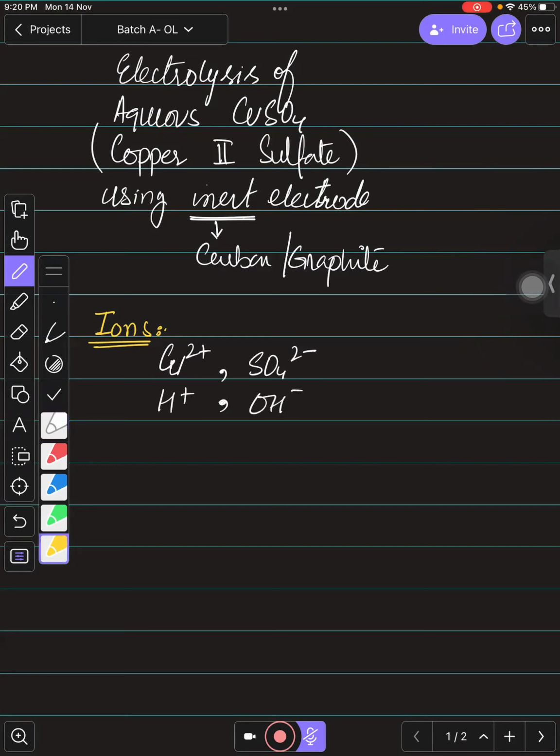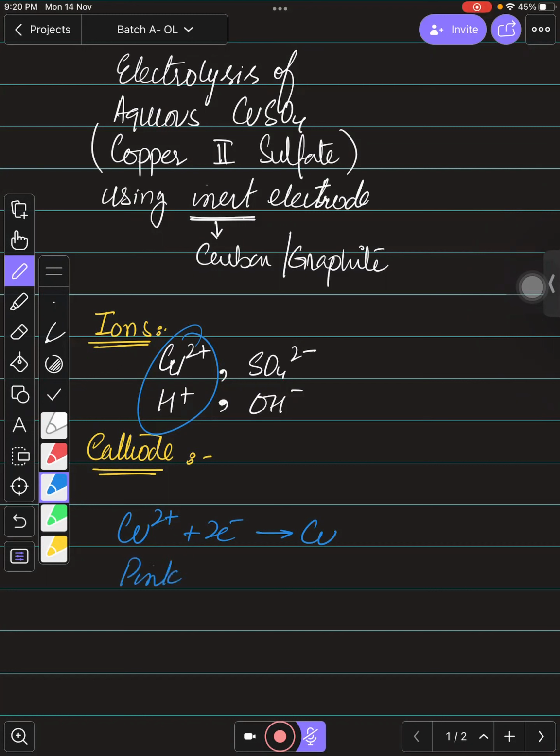So we know that at the cathode the species that is less reactive will gain electrons first. Between these two, copper is less reactive. Copper 2+ will receive 2 electrons and produce copper metal deposit, right? So the observation is pink solid deposit. The copper is pinkish brown solid.